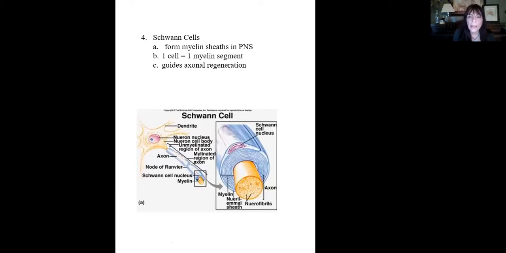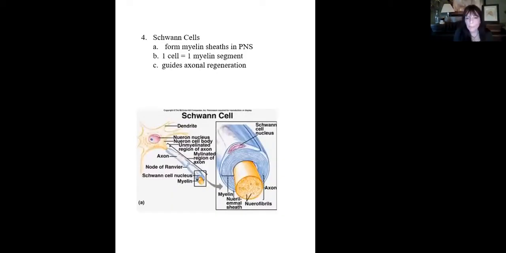I kind of look at it as like, whoops, sorry again, paper towels, a roll of paper towels. And this would kind of right here be the cardboard roll inside. And then let's say we have this little cell that gives itself up to wrap the paper towels around and around and around this one segment, this one cardboard roll. Okay.